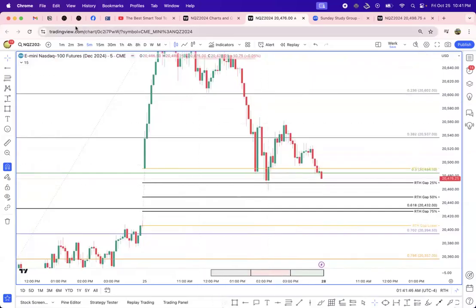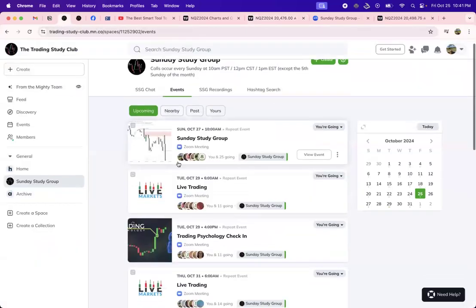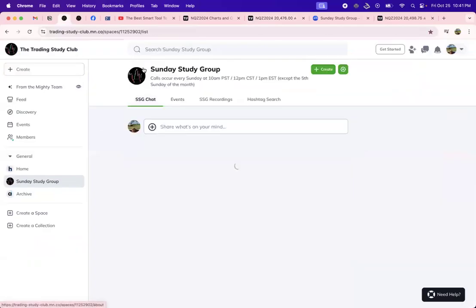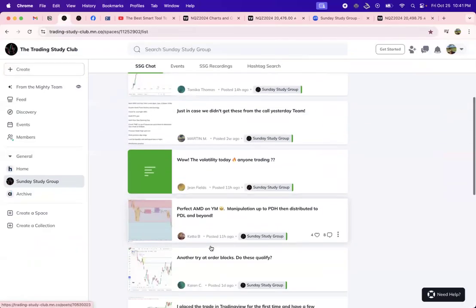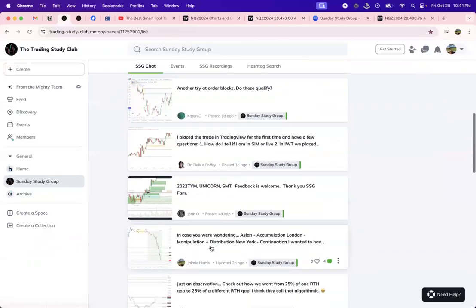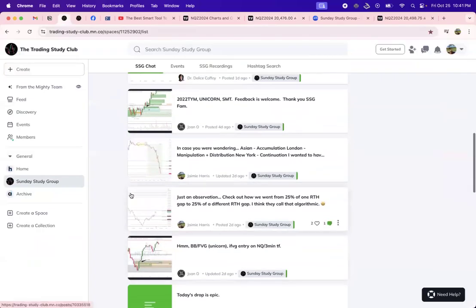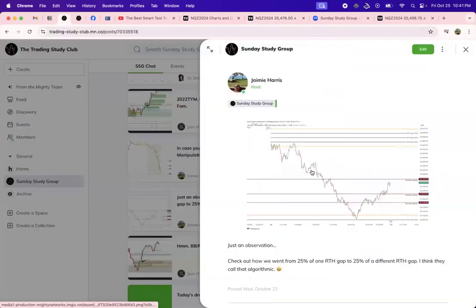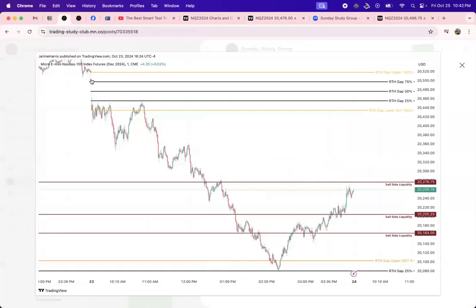And another thing I noticed this week, let me see if I can find this. Check this out. So this was on the 23rd. What was that, Wednesday's price action? Yeah, Wednesday's price action. Check out how we had this gap down.